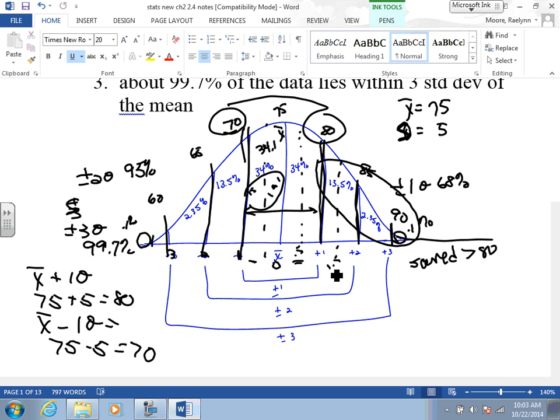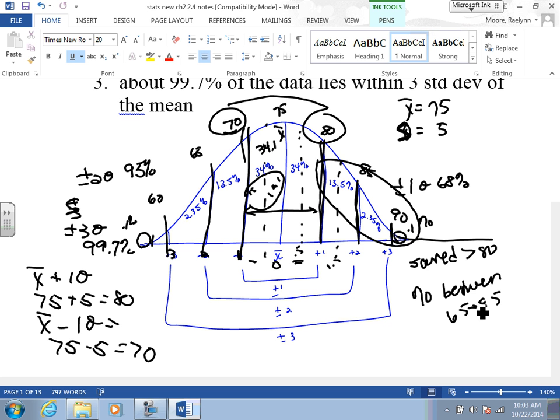So we add up these percents, and you can tell me what percentage of students scored above an 80 on your test. What percentage of students scored between 65 and 85? How would I find that? The percentage.